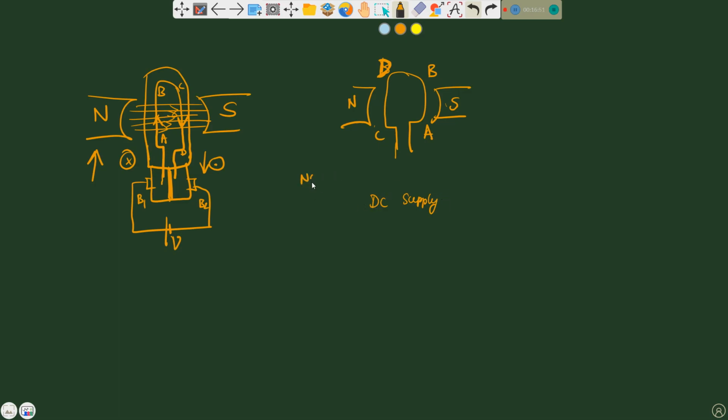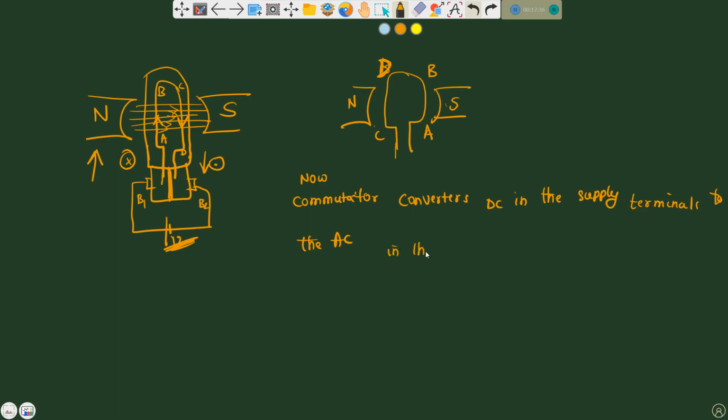So now commutator, DC supply is converting into, let me write it clearly: commutator converts DC in the supply terminals to AC in the armature conductor.